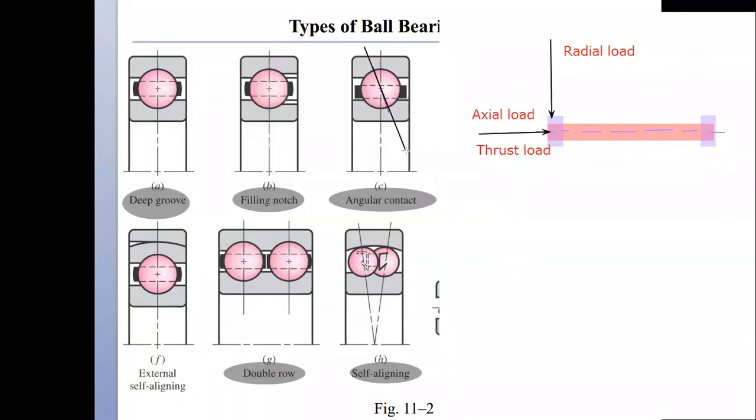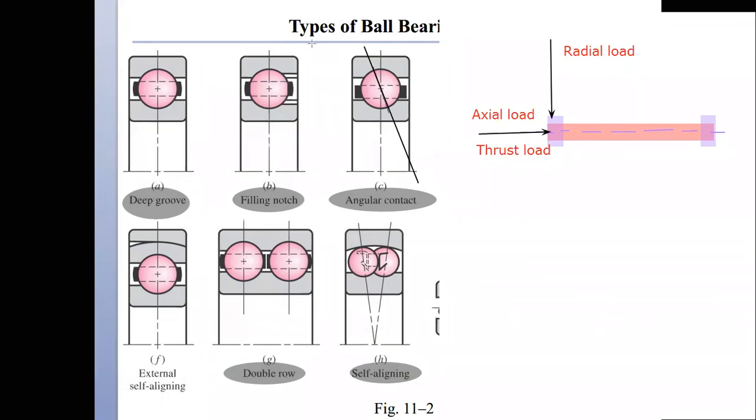So that is why it is known as angular contact bearing, and again it can take some radial load and axial load. But this would be your assignment to come up with the uses of all these bearings.